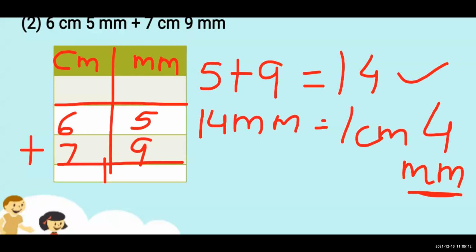Don't know? Teacher, 5 plus 9. 5 plus 9 we have done here, 14. Then 14 we have converted into centimeter and millimeter. 2 steps we have done. The last step is remaining. What was the last step?